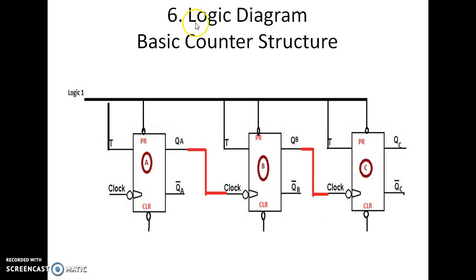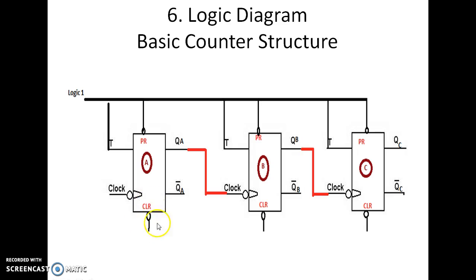The last step, that is the logic diagram. First of all, we should follow the same structure of counters. We want to prepare an asynchronous counter of modulo 5. As it is an asynchronous counter, only to the first flip-flop we will give an external clock, and for the rest of the flip-flops, the output of the previous flip-flop will go as a clock to the next flip-flop.